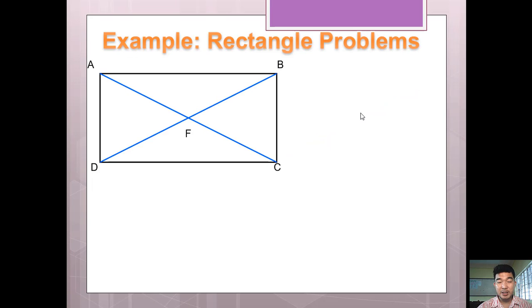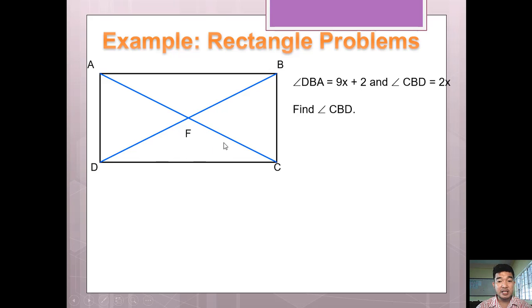Here is an example of a problem applying the properties of a rectangle. So, suppose that we have here a rectangle ABCD with diagonals DB and AC with point of intersection at F. Given that angle DBA is equal to 9x plus 2, and CBD is equal to 2x.